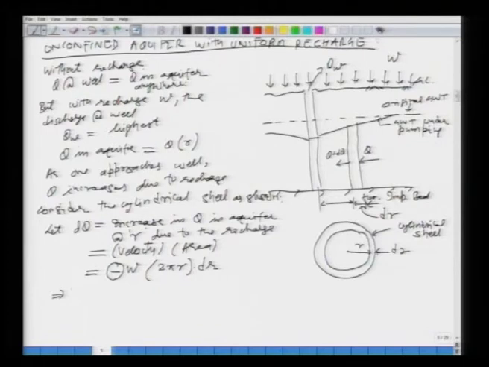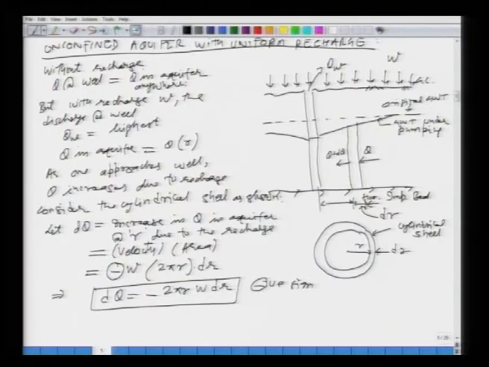So, dQ is equal to minus 2 pi r W dr. The negative sign basically indicates that as r increases, Q decreases. As you are going away from the well, Q is decreasing, and if you are approaching the well, or r is decreasing, Q is increasing. It is just the notation part.